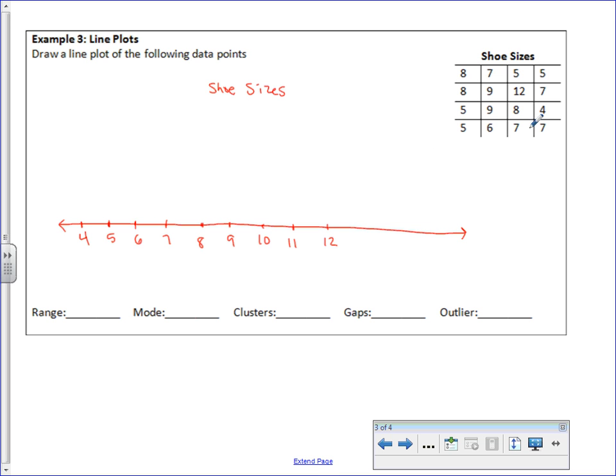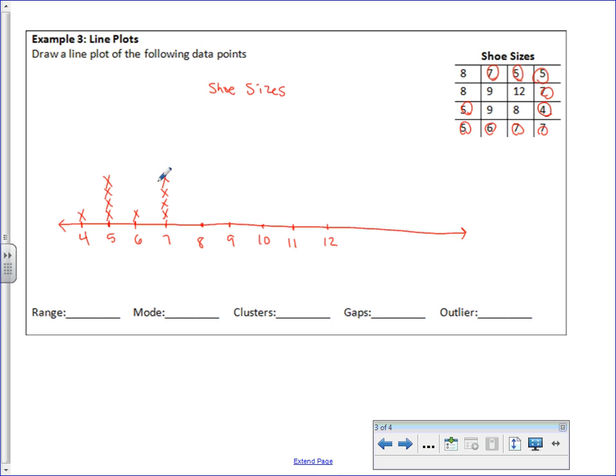And so now I'm going to start to plot my points. So 4, I have 1 4. And 5, I have 3 5s. Okay. 6, I have 1 6. 7, 1, 2, 3, 4. 4 again.